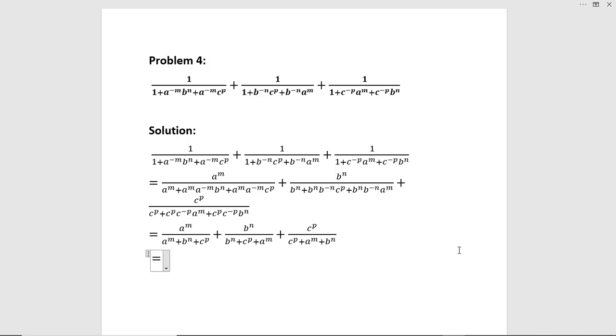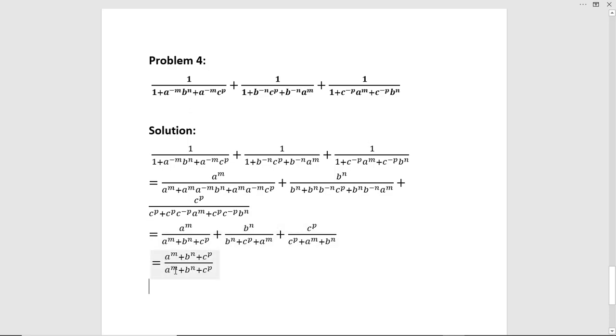Now adding the three fractions, we will get a to the power m, b to the power n, c to the power p as the denominator. In all three cases we will get the same denominator.